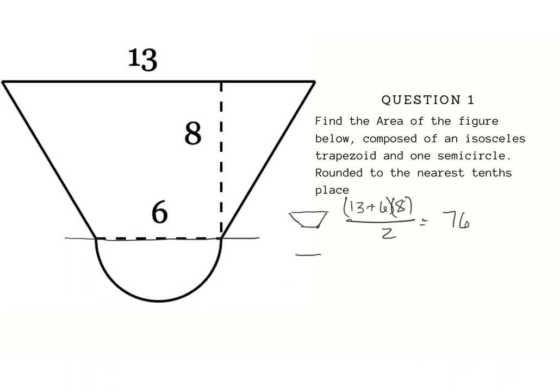Now, for the half circle, we're going to start with our radius squared, which is 3 because the diameter is 6. So 3 squared, multiplied by pi, so that's 9 times pi, which is 28.27 and a bunch of other numbers that we don't need to worry about.